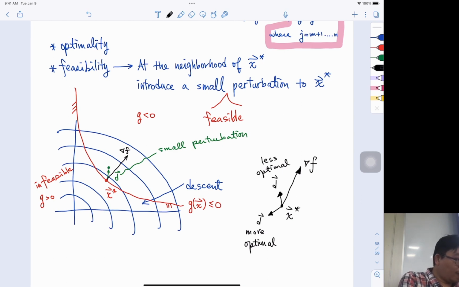So, is that right? Let me think about it. Is that right? This is the gradient direction.